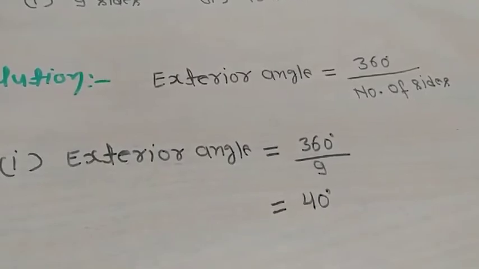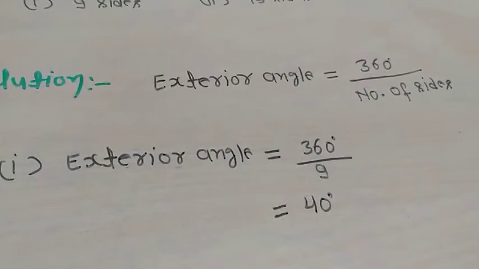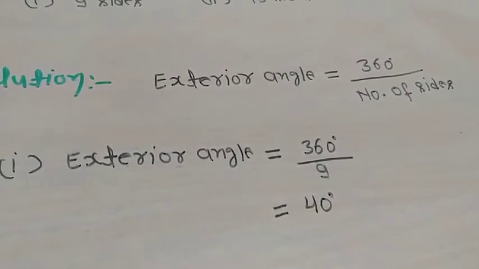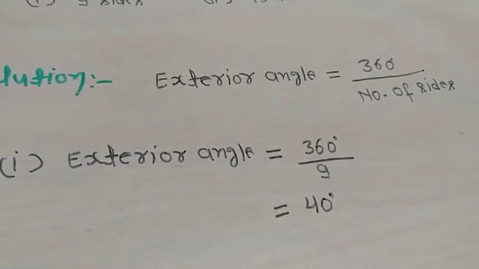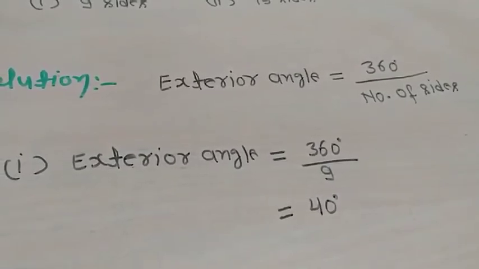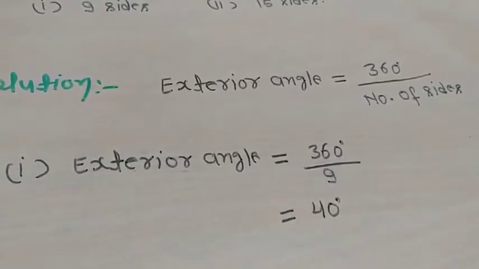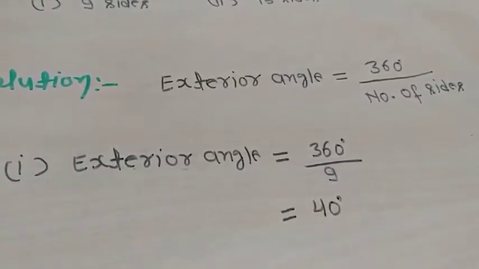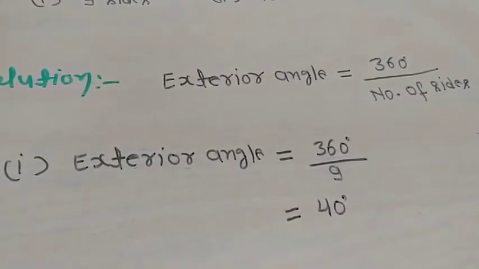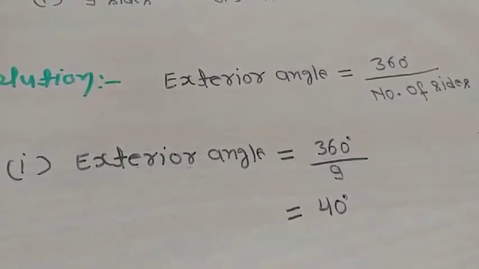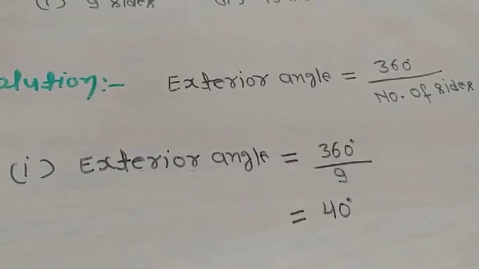Okay, so this is the formula to find exterior angle if number of sides is given: 360 by number of sides. Okay, 360 is the sum of measure of all exterior angles of a polygon. If you divide 360 degree by the number of sides, we obtain the exterior angle.